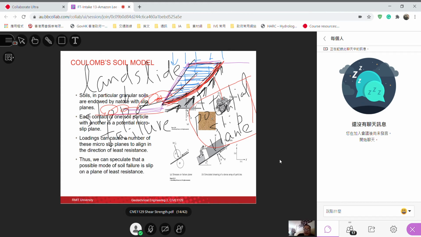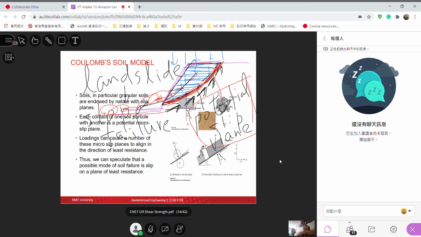Of course, when we go into foundations, it is a similar concept. We don't know where this potential failure plane is. That's why we have to keep testing. We don't know where, we don't know when.